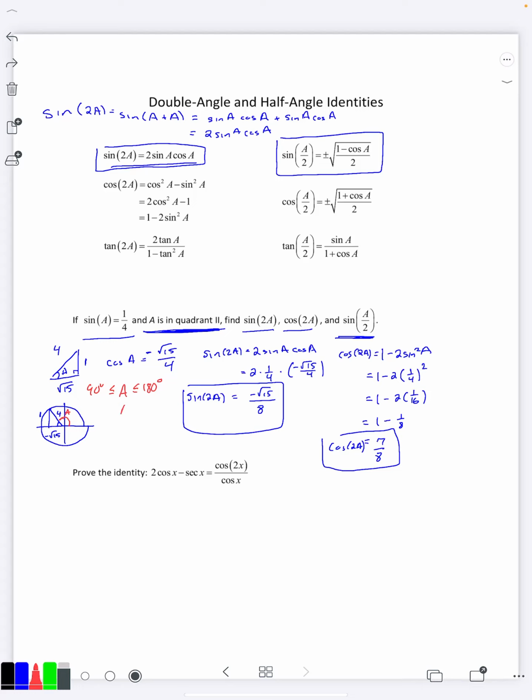And so if I take the half angle, I'm somewhere between 45 degrees and 90 degrees, which means I'm somewhere in this region, 45 to 90, and we know in quadrant 1 that the signs are always positive, so that means the sine of A over 2 is going to be the positive version here.